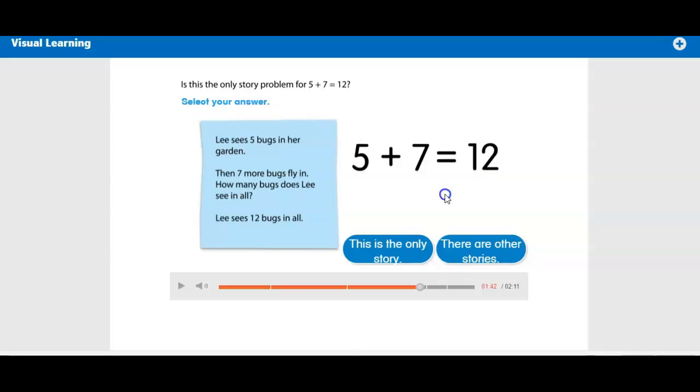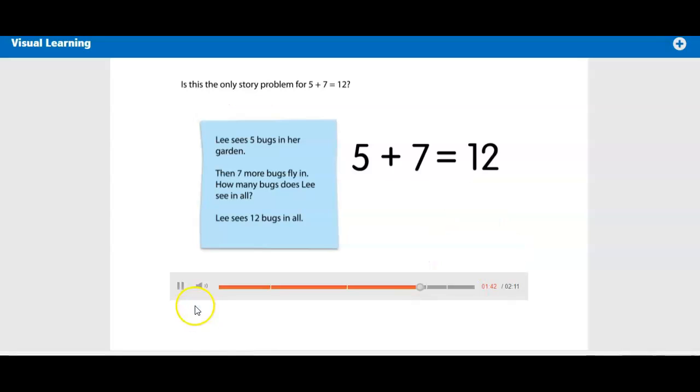No, so many of us could write different stories using these numbers. So there are definitely other stories we could write. No, there are other stories you could tell for this equation.